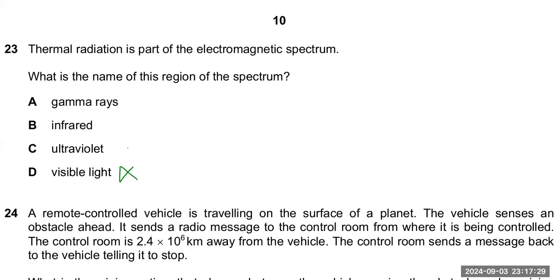It is not energetic. That's why these options are incorrect. Only this option will be correct. Gamma radiation is very energetic, and it comes from radioactive elements basically. So our option will be B.